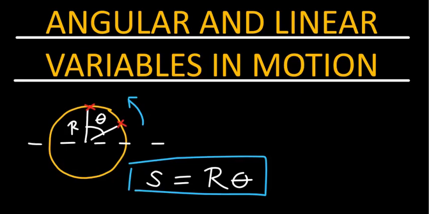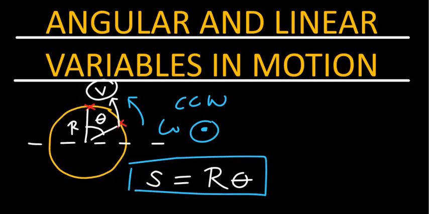Next, let's look at the concept of velocity. This disk is rotating counterclockwise, so we know that the angular velocity is coming out of the board. Each point, such as the one marked in red, would also have its own tangential velocity. So this is a linear velocity, and this is the angular velocity.